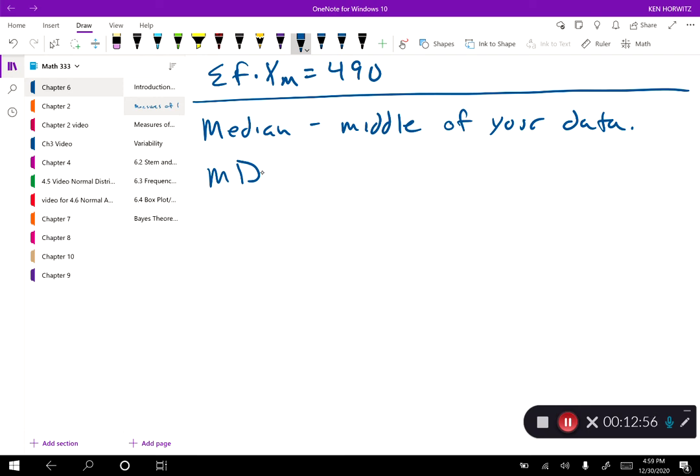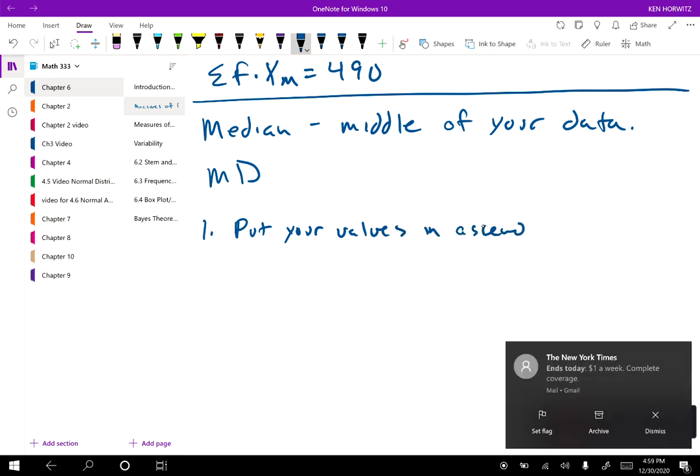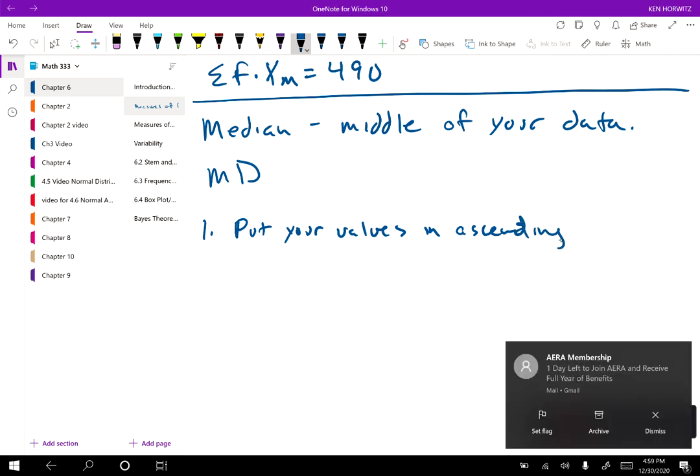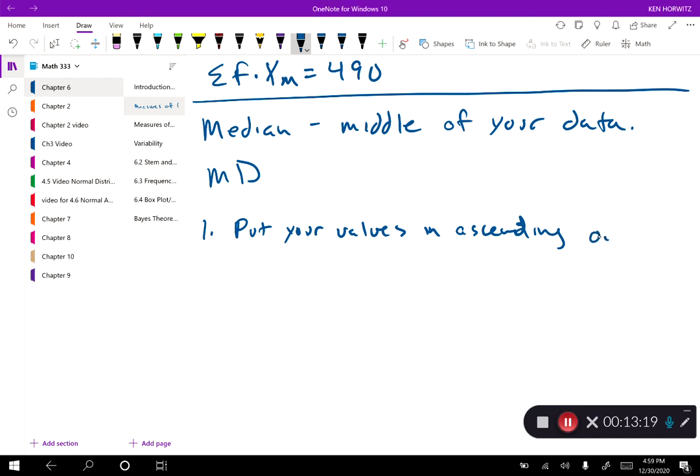So let's go back to our data on flight prices. The first thing you want to do is put your values in order, in ascending order.